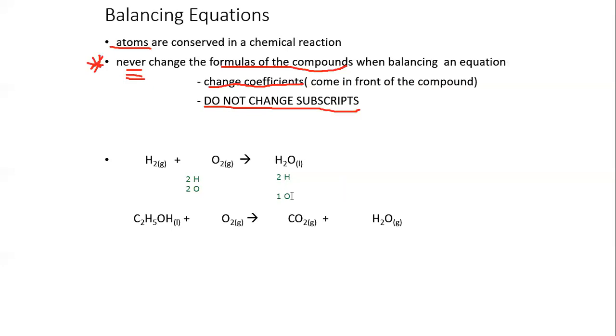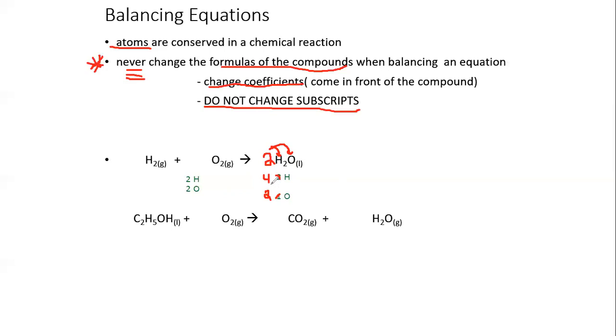So to turn this 1 into 2, we're going to have to put a coefficient of 2 in front of water. Now this 2 gets distributed to the hydrogen and to the oxygen. So now we have 2 oxygen, but you see our hydrogens change to 4.